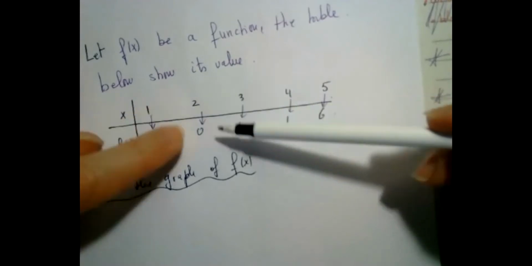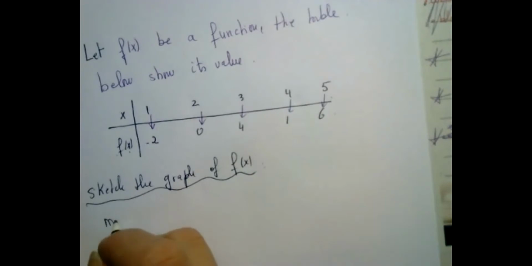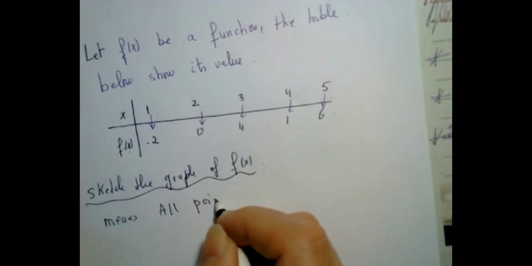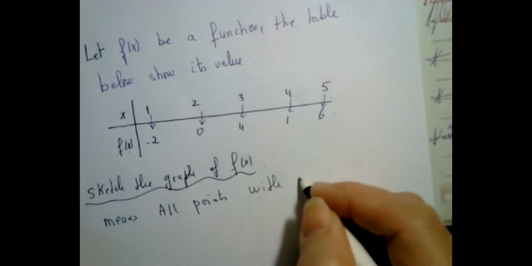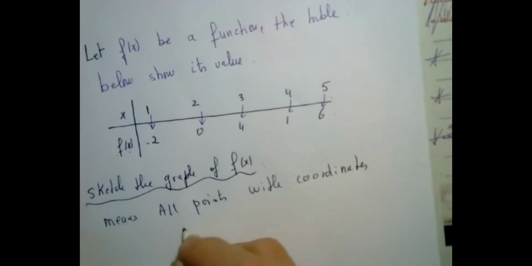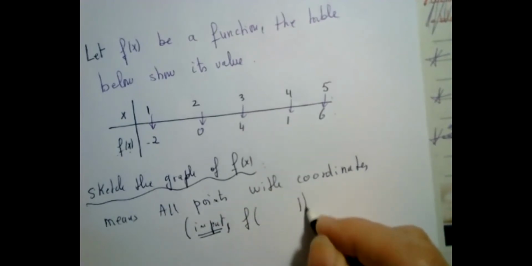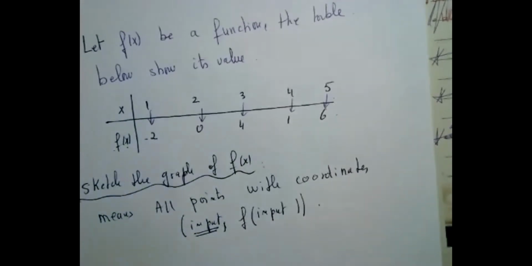Sketching the graph means all points with coordinates, where the first coordinate is the input and the second is the output that corresponds to this input. As simple as that. So let's see, how do we do that?